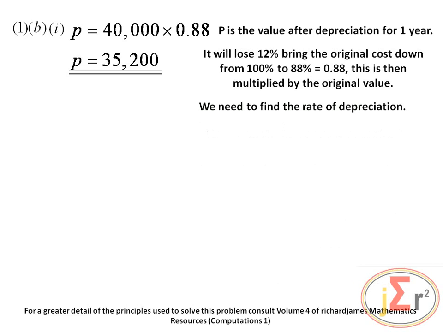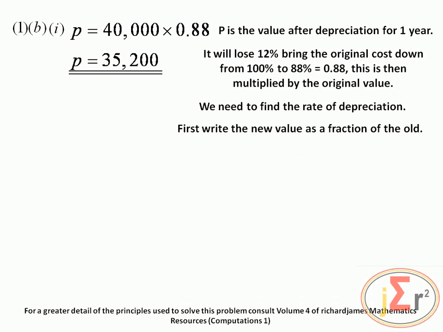In the second part of the problem, we are required to find the value of Q. That is, Q is the rate of depreciation, and of course it is given as a percentage, right? And we have an initial value of 25,000 depreciating to 21,250.